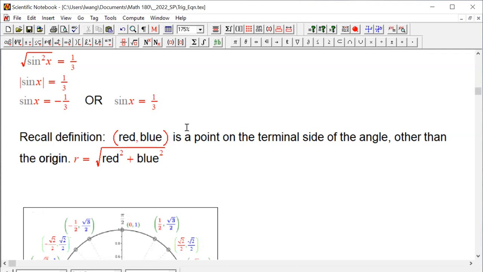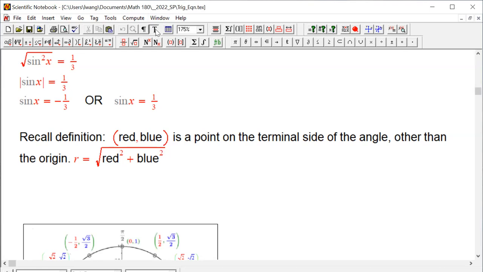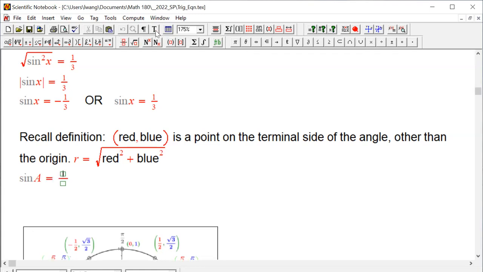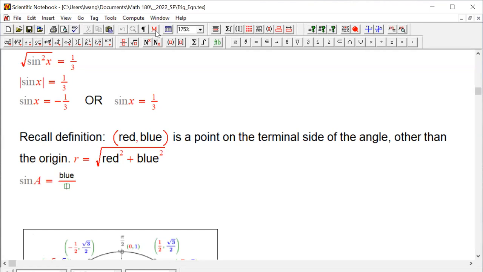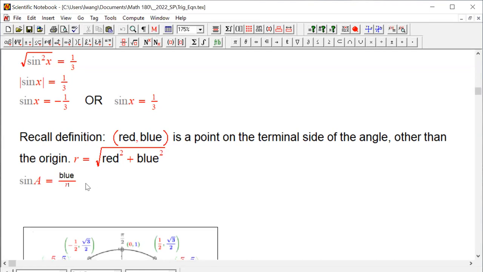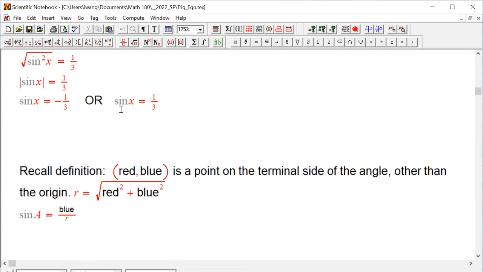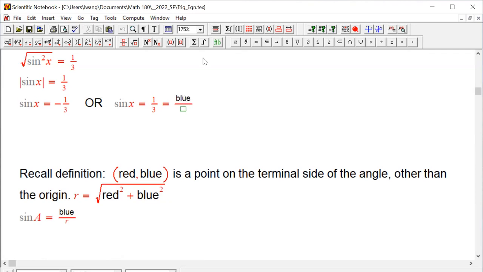Now, sine of an angle is defined as the blue divided by r. With that definition in mind, for the 1/3, obviously the blue is 1 and r is 3.